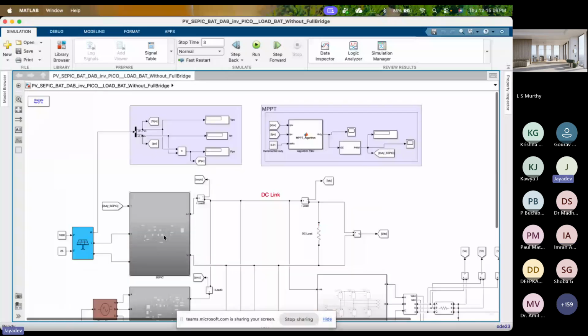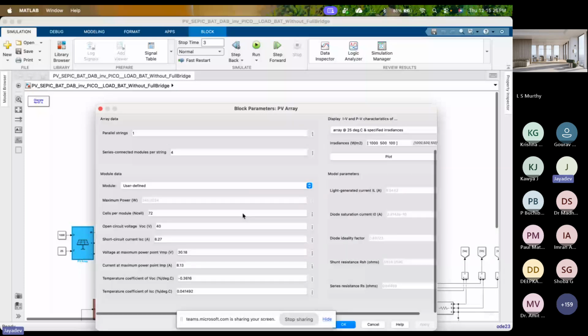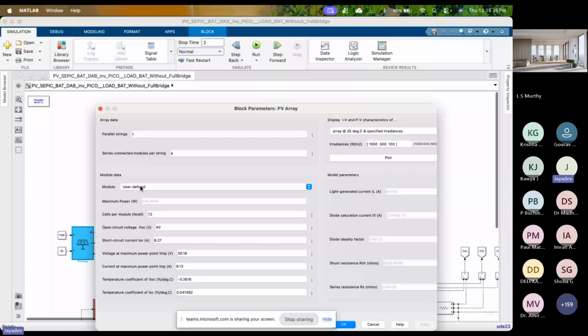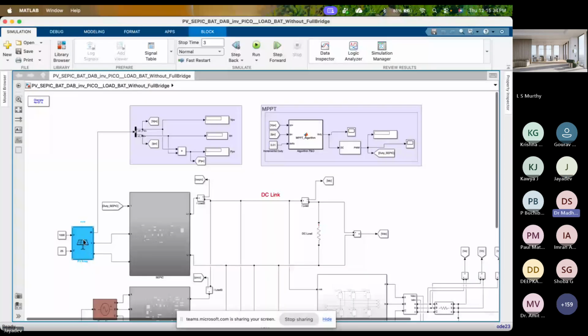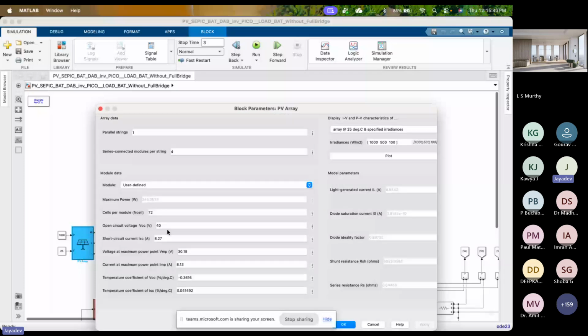Here, the SEPIC converter will track the maximum power from the PV. So in the PV array, you can set different values, or use a predefined one, or you can define your own. With user define, you can define your open-circuit voltage and short circuit current, so that you get the maximum power per panel.